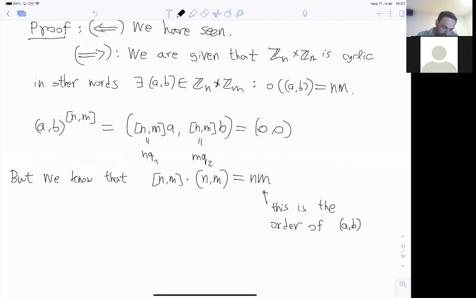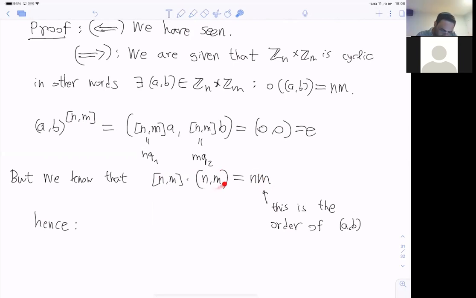So what can we deduce? This should be less than or equal to this, because this is the order. If this takes you to e, this should be less or equal.